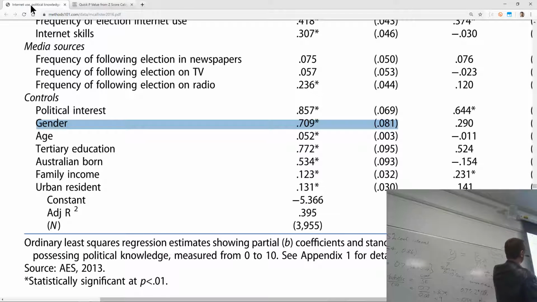So that's this here in the equation. And this is if you set all of these to 0, some of which will be meaningless, then the constant is that people get -5 in the quiz. That doesn't mean anything, but that's because things like age, setting an age to 0 doesn't mean anything.